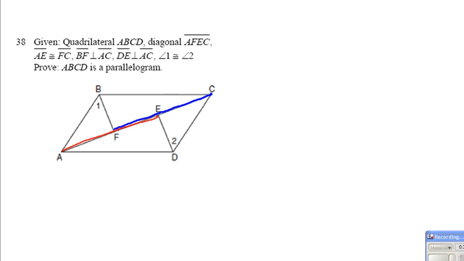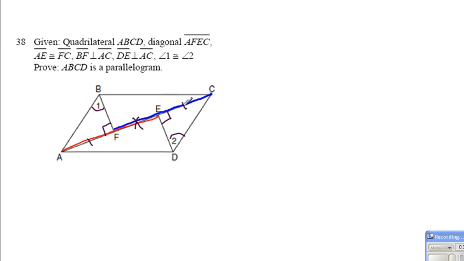That means by the reflexive property in the middle, we can say AF must be equal to CE by the subtraction postulate. Now, angle 1 and angle 2 are also congruent to each other. That's given. And BF is perpendicular to AC, which makes this angle a right angle. So is this one.